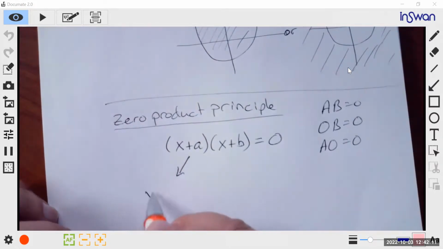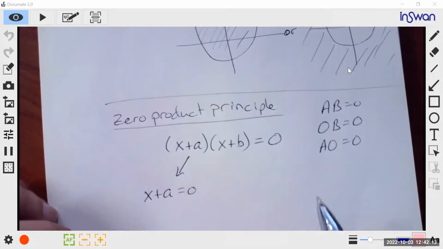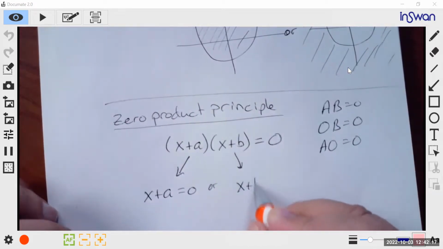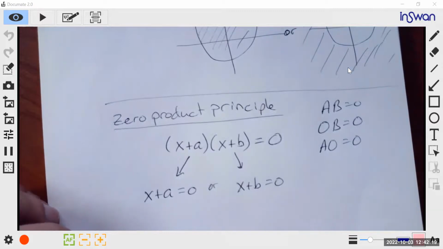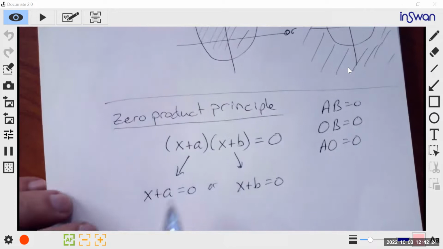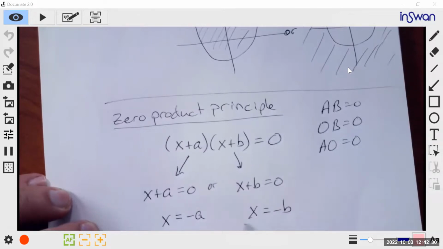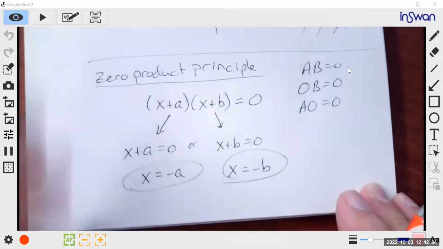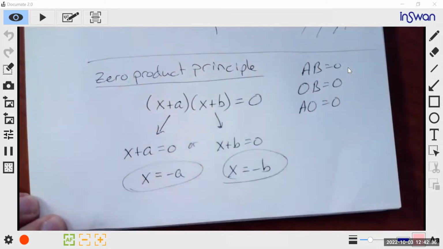So either the first equation equals 0 or the second equation equals 0, or both. So that's what we do when we solve these things for x. These are our solutions. That's the zero product principle.